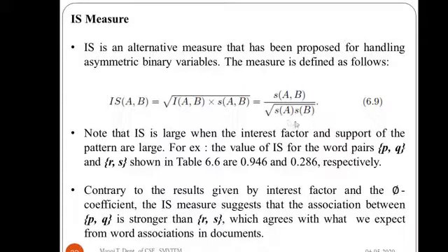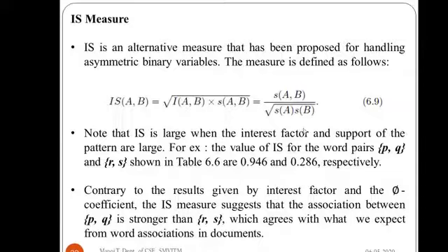Note that IS is large when the interest factor and support of the pattern are large. So the values of IS for the word pairs will be like this: 0.946 and 0.286 respectively. Again, you can easily calculate this.